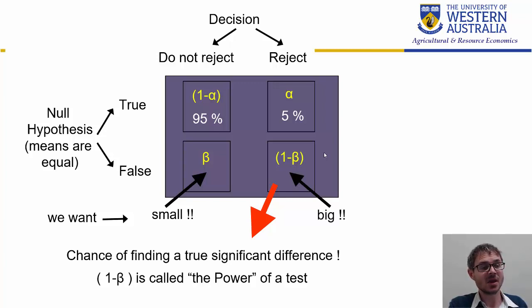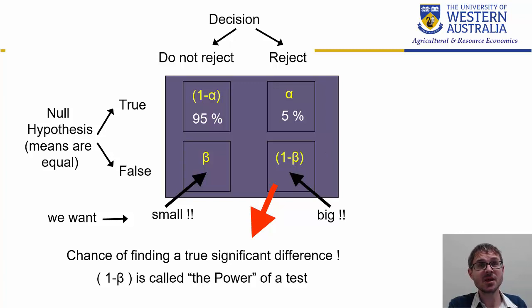Now, the next thing that we have down here is if the null is false. So if the null is false, that means that there are differences, okay? And so if the null is false and we do not reject the null, we have made a type of mistake. We actually call this a type 2 error, and we denote that beta.